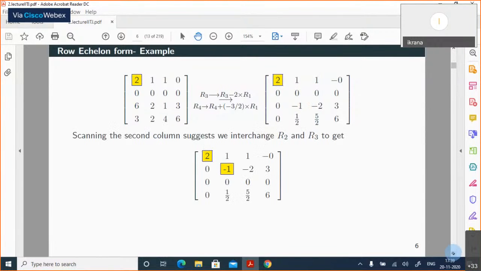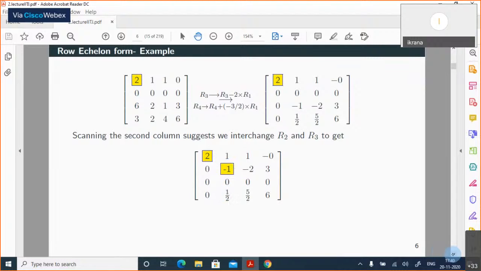Once we repeat that process, the -1 goes up, -1, -2, 3, that goes up, 0, 0, 0 comes down, and then below that non-zero entry we make everything 0. Once again, this is already 0, so we don't have to do anything. For the bottom part, multiply this by 1 by 2 and add here, this will become 0.